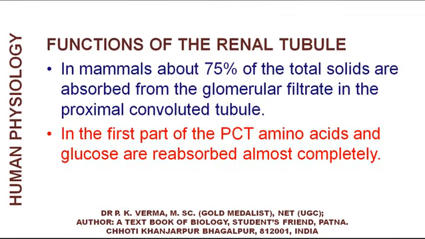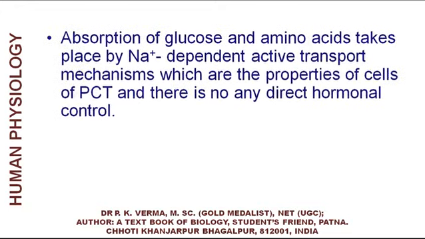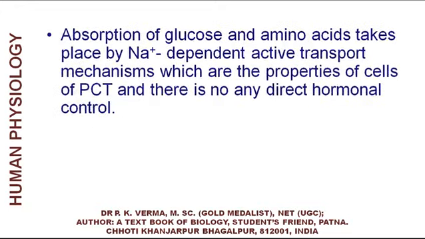In the first part of the proximal convoluted tubule, amino acids and glucose are absorbed almost completely. Absorption of glucose and amino acids takes place by a sodium-dependent active transport mechanism, which is a property of the cells of the PCT, and there is no direct hormonal control.